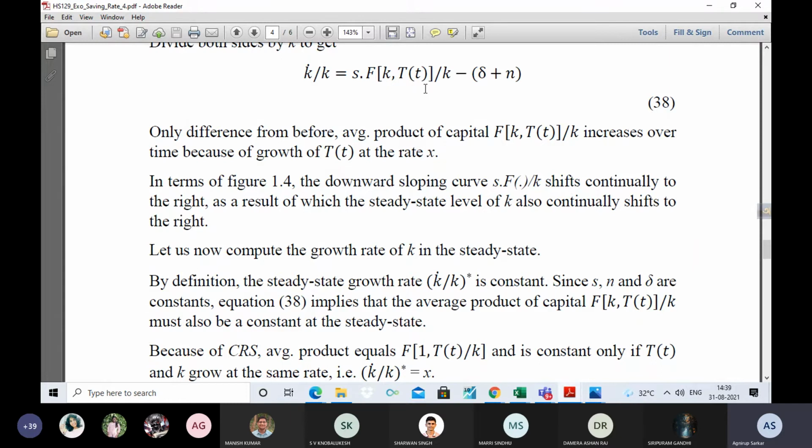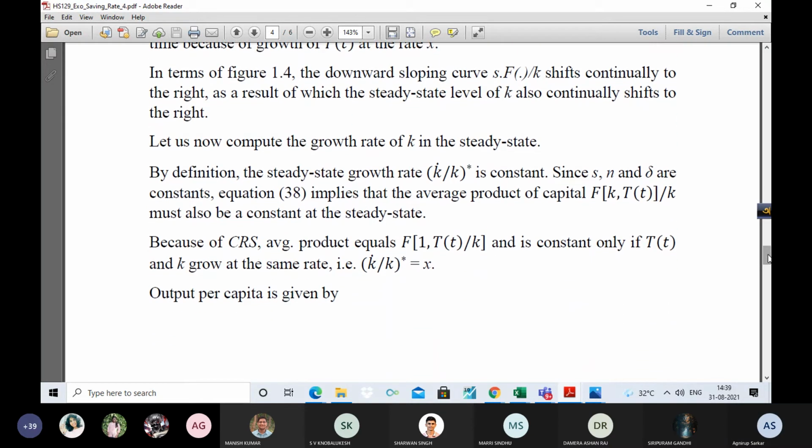And this would be constant as well only if K and T grow at the same rate. So I repeat this: because of constant returns to scale, you can write the average product as this, right?